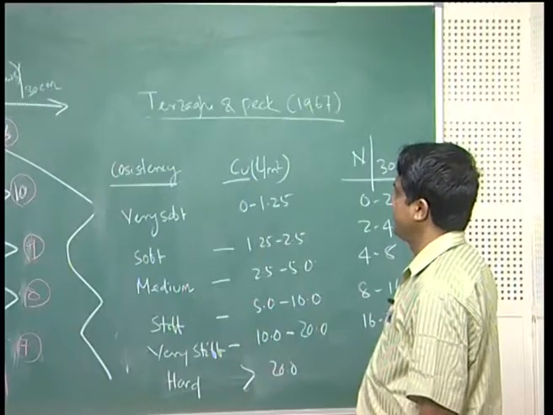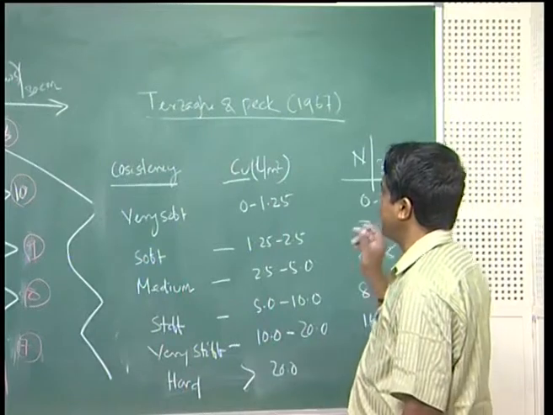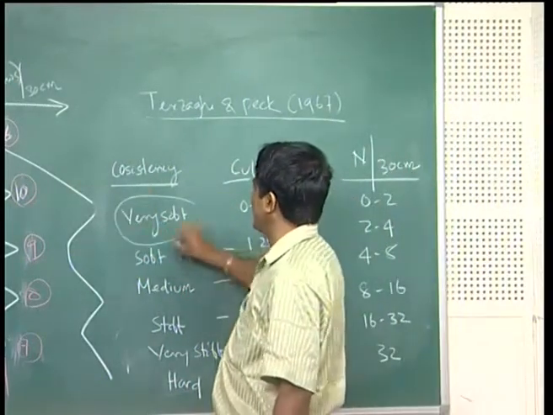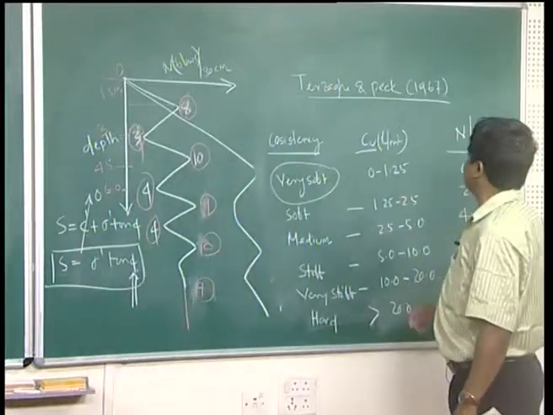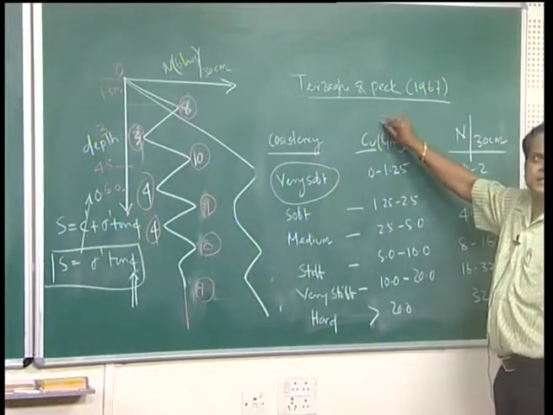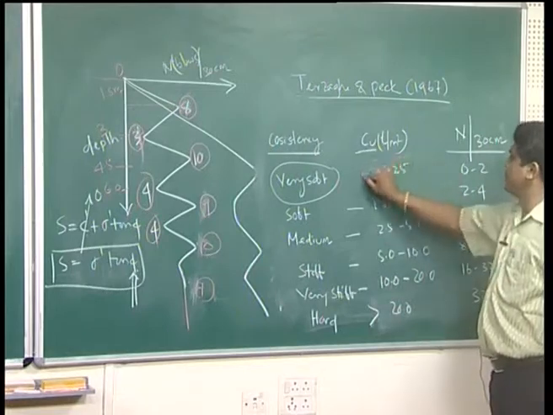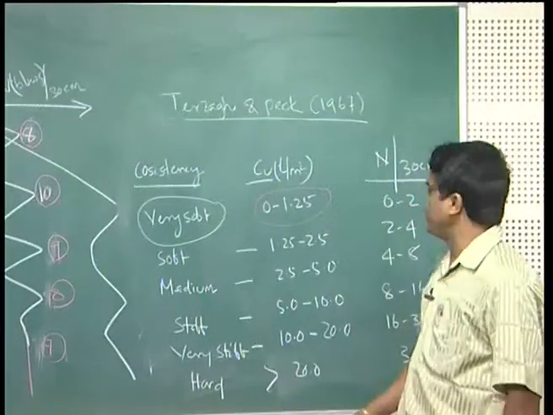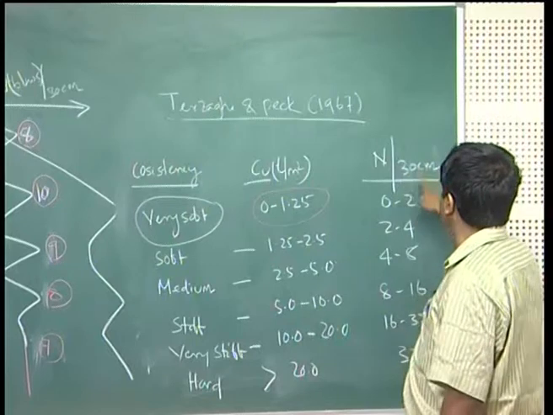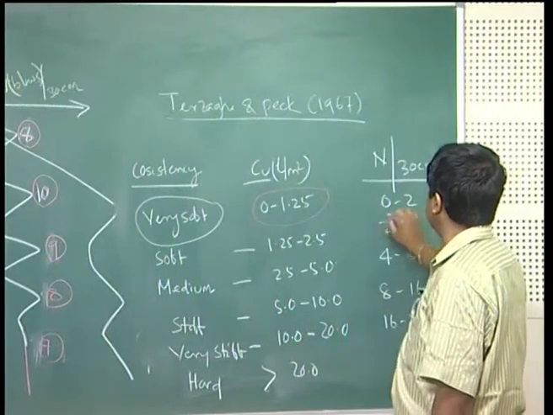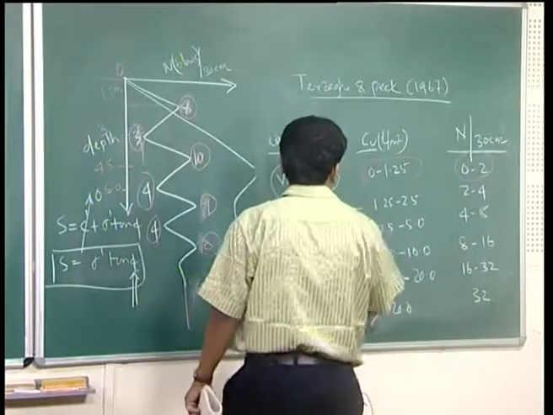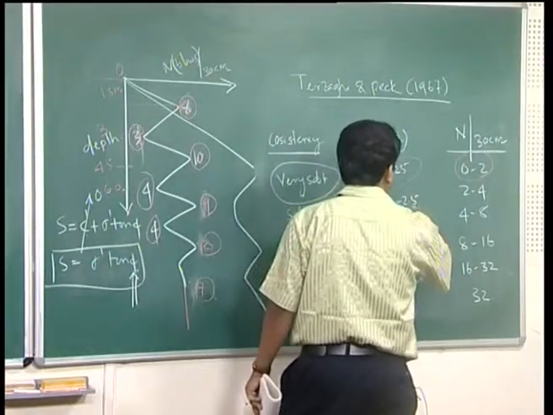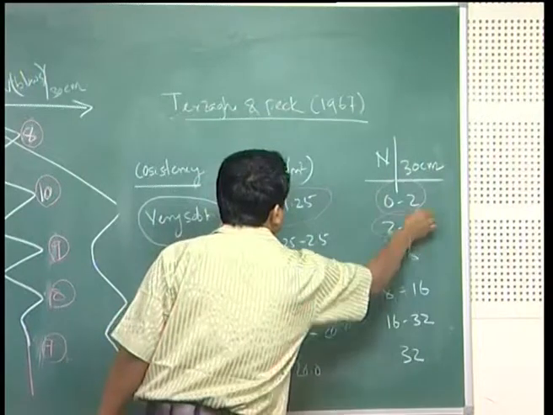If it is a very soft clay, the Cu, undrained shear strength, varies from 0 to 1.25 ton per meter square. In that case the number of blows per 30 centimeter is 0 to 2. Similarly, for soft soil, 1.25 to 2.5, so the number of blows is 2 to 4.